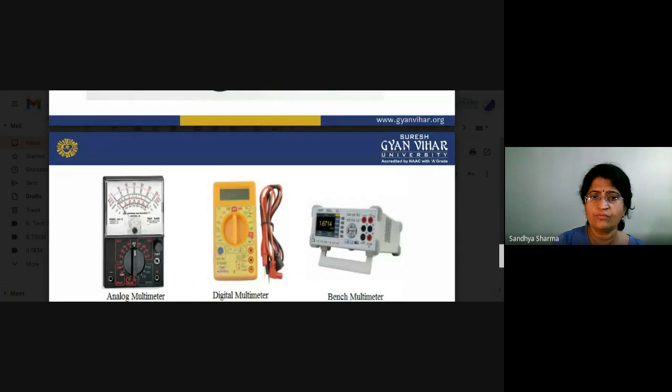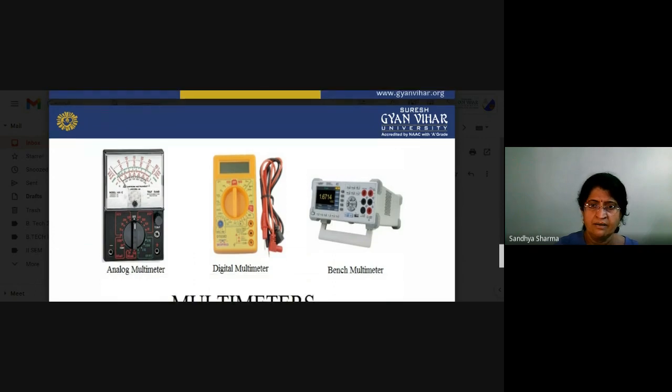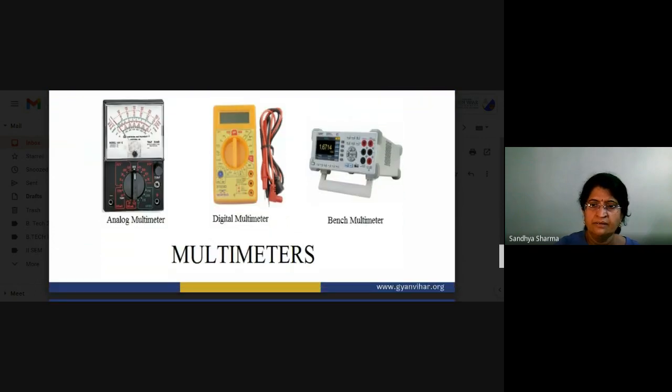This is the analog multimeter, in which we have a needle, but presently we are using the digital multimeter, and in it there is a display screen for the outputs we are getting. This is the bench multimeter, and it is used in very big laboratories where we have to measure a large amount of data.